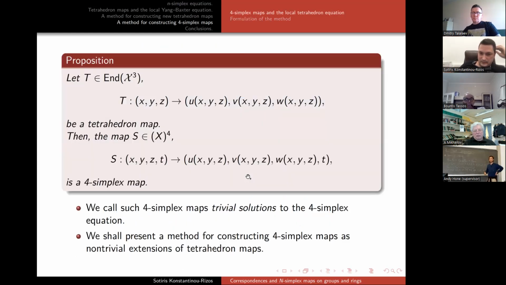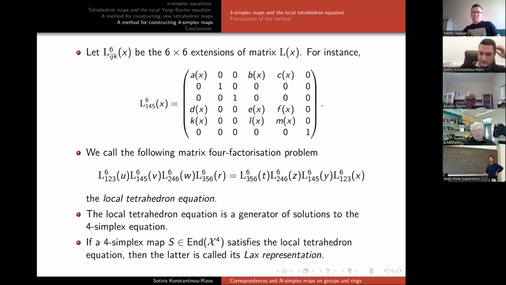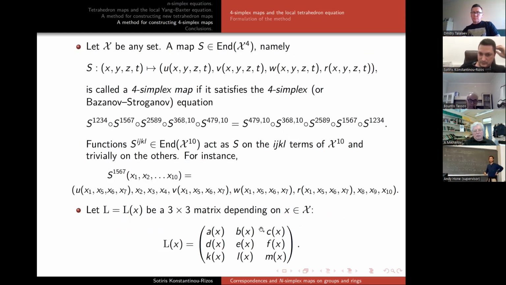As I said, 4-simplex maps are generated by 3x3 matrices. What I didn't say is that the maximum number of non-zero elements here is 5. So you cannot get any 3x3 matrix with 6 non-zero elements that solves the local tetrahedron equation.